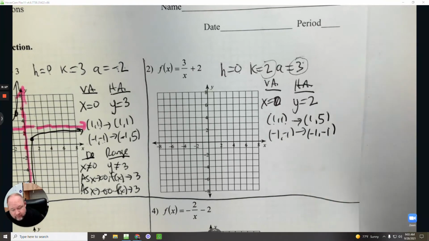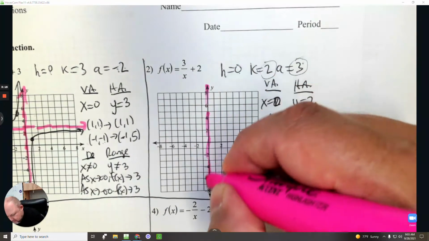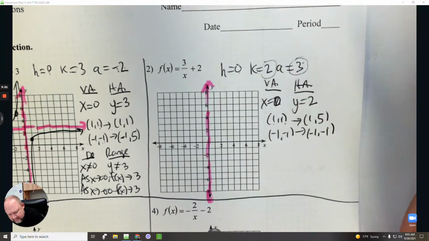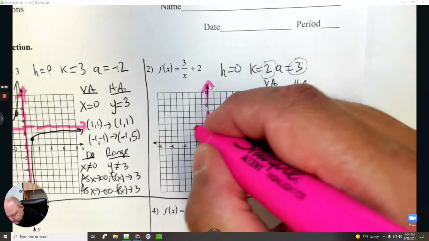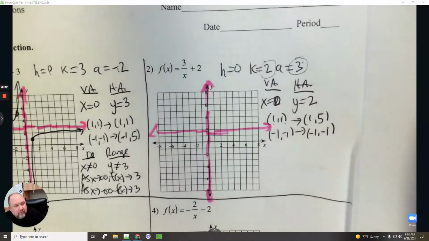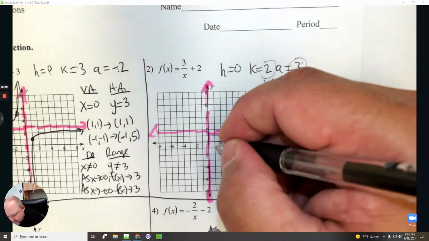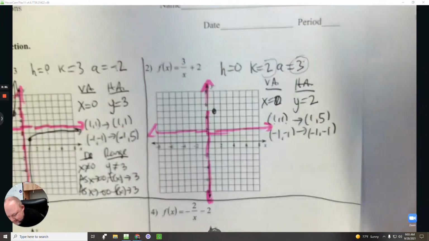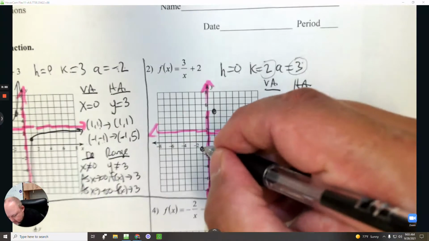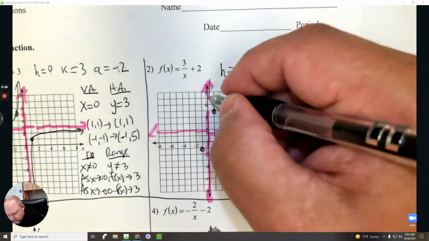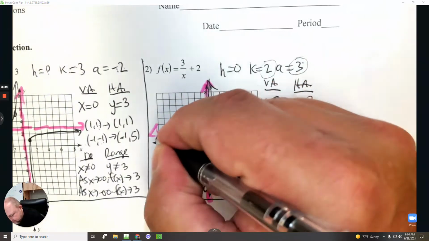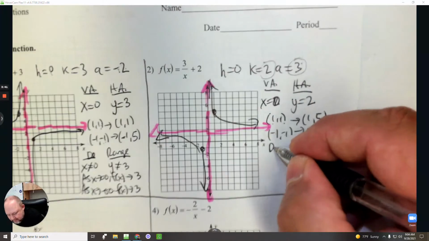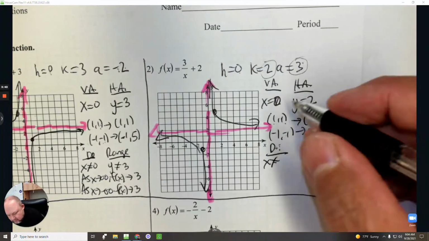So we'll start with the asymptotes. So that's at 0 and 2. The points are at 1, 5 and negative 1, negative 1. And then draw the curve through the points. The domain, x cannot equal 0.